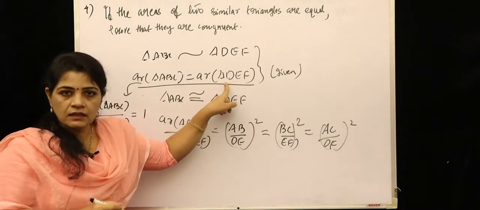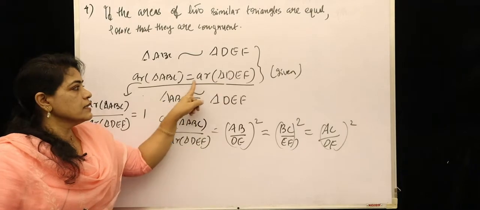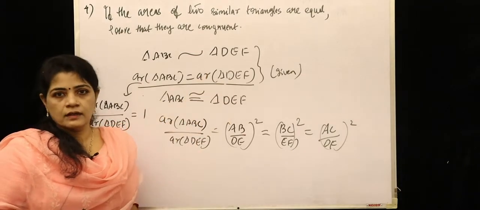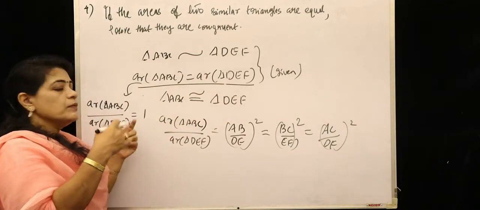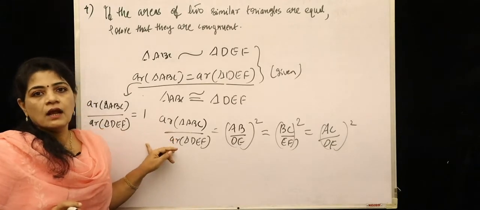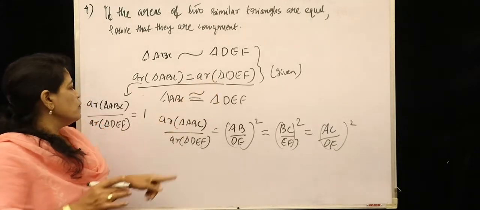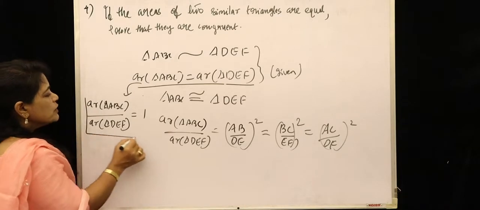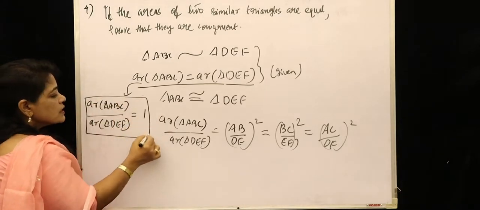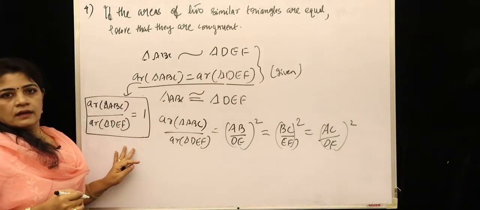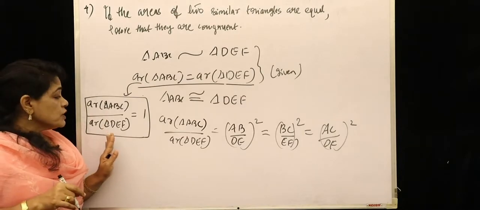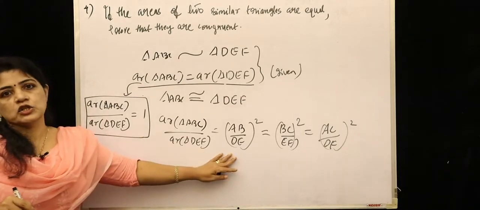When this comes in the denominator, you will get 1. So their ratio is 1. Next, we are going to apply this to the area ratio theorem.